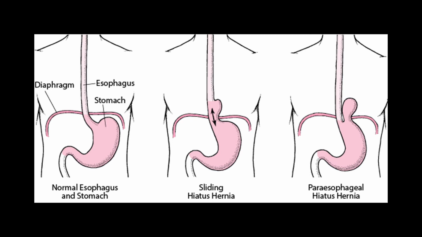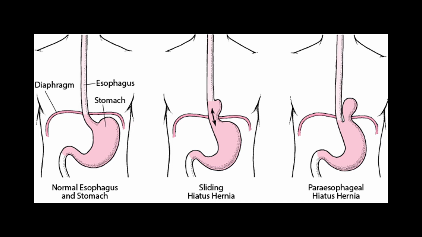In sliding hiatal hernia, which is the most common among the hiatal hernias, the gastroesophageal junction is usually displaced greater than 2 centimeters above the esophageal hiatus. The esophageal hiatus is often abnormally widened to 3 to 4 centimeters. The gastric fundus may also be displaced above the diaphragm and present as a retrocardiac mass on chest radiograph.